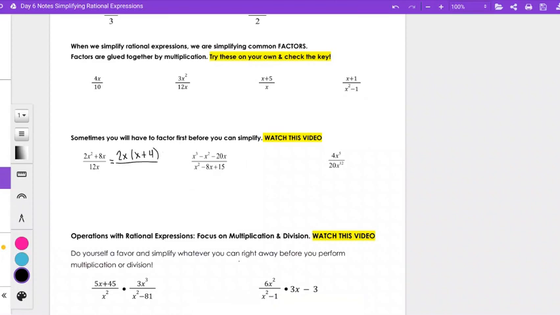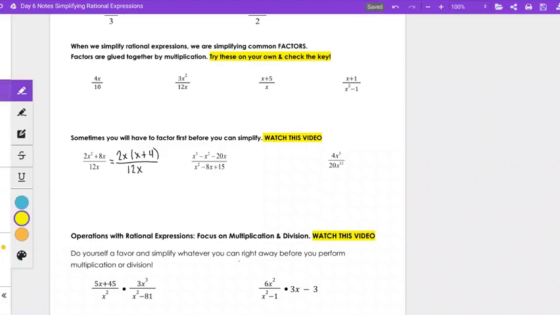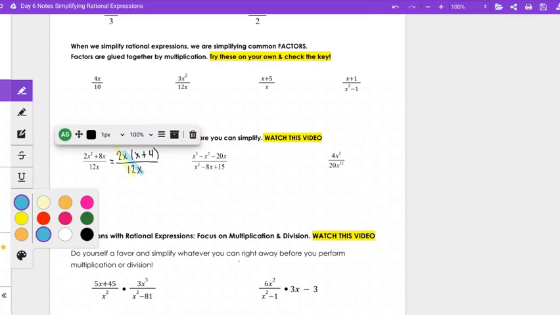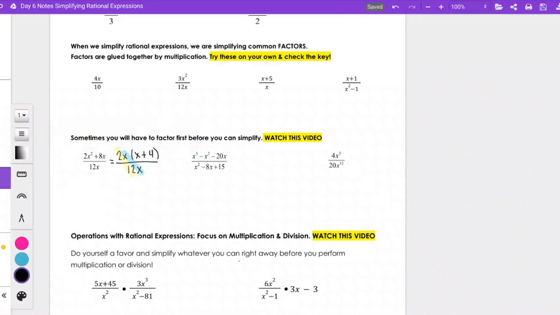And then when it comes to the value of 12x, like we did up above in the previous examples, we can notice that 2 and 12 have something in common, and x have something in common, right? So 2 and 12 reduce down to 1/6. If you'd like to put 1, you can.